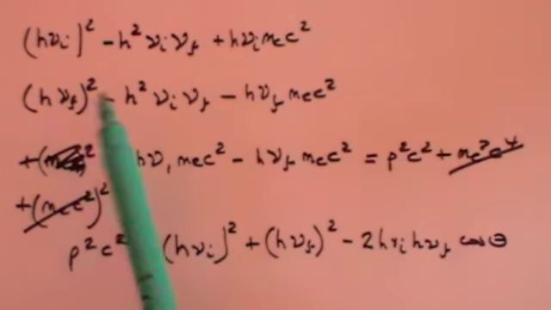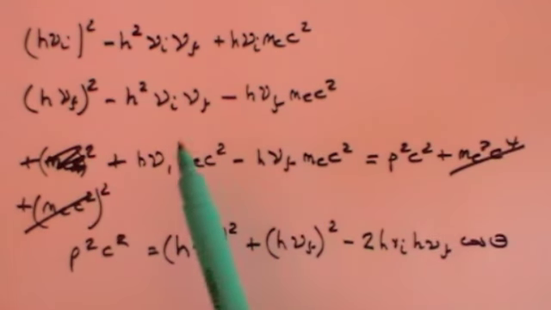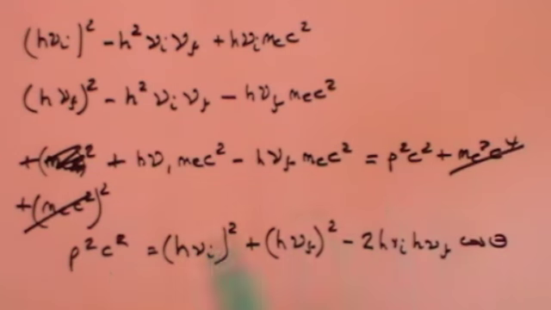That was, you remember, the consequence of the cosine rule. So these now 8 terms, because I've lost one, equal p squared c squared, but p squared c squared equals these terms here.